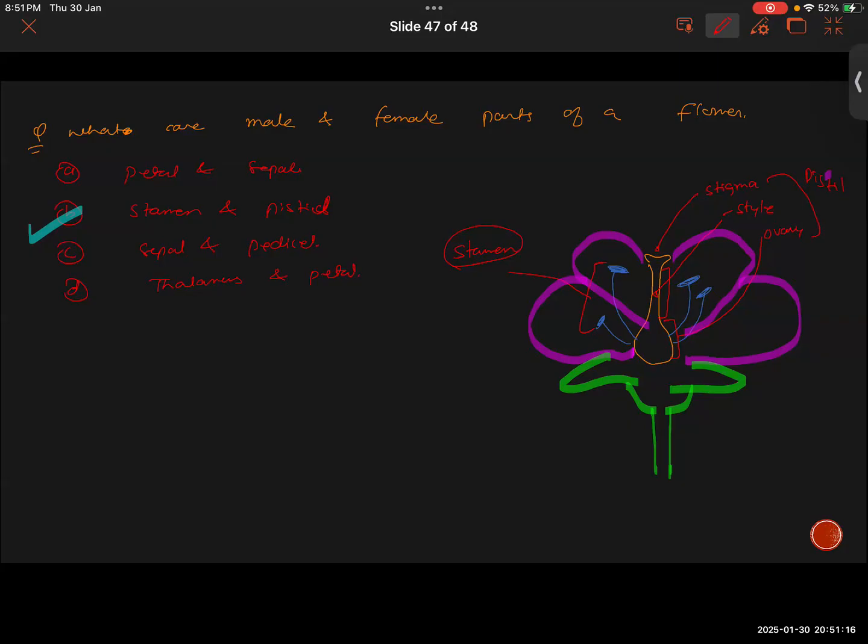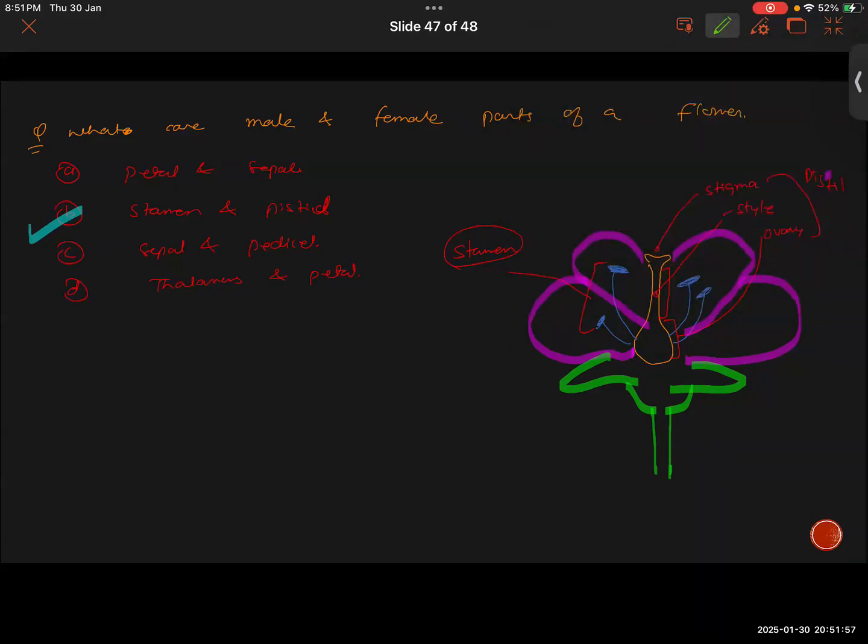After pollination, what happens? The sperm cells and the eggs fuse together, and then fertilization occurs. The fusion is basically fertilization. And the ovary develops into the fruit, and the ovule converts into the seed. Okay.